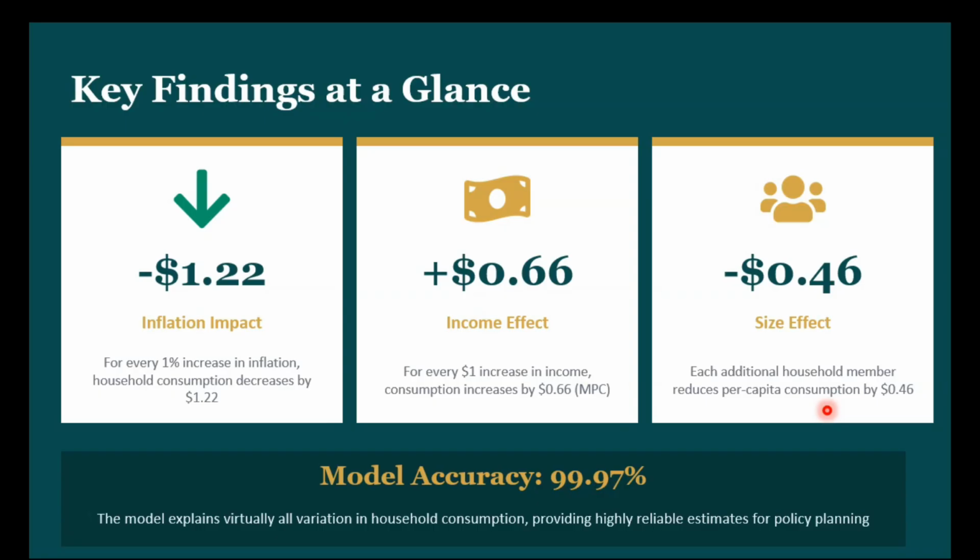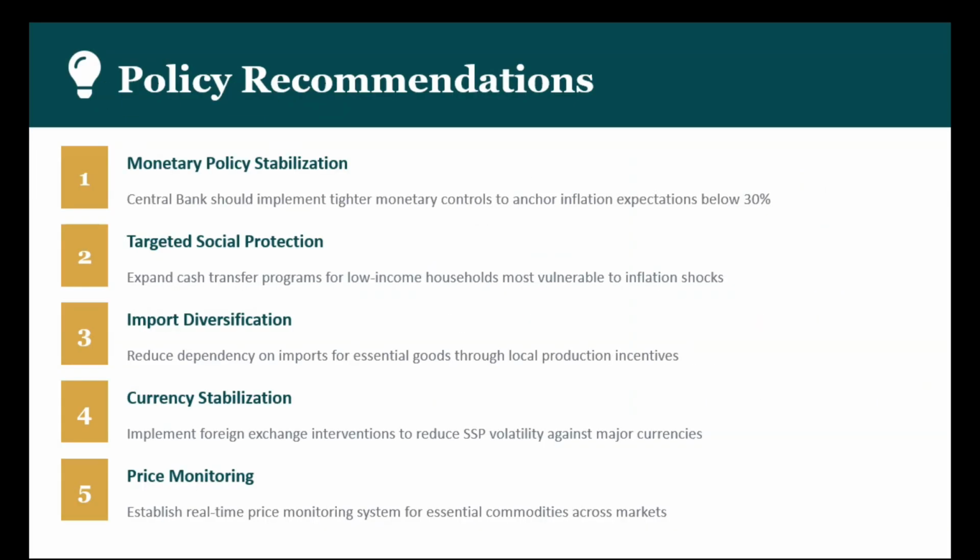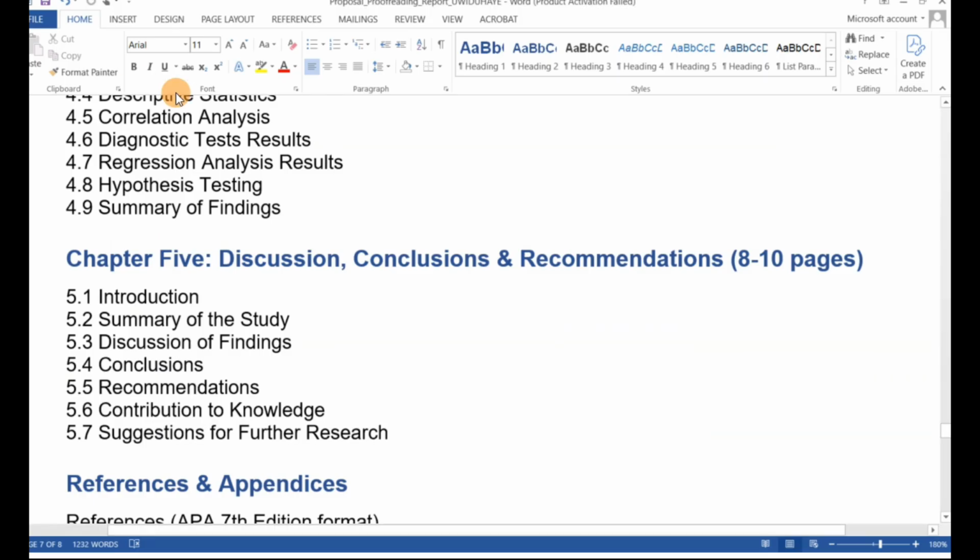But if someone gets a job, there is also an increase in consumption. But when inflation increases by 1%, we are putting people in trouble, so they are not consuming. Okay. These are the recommendations. Let us look at the proofreading for this topic.